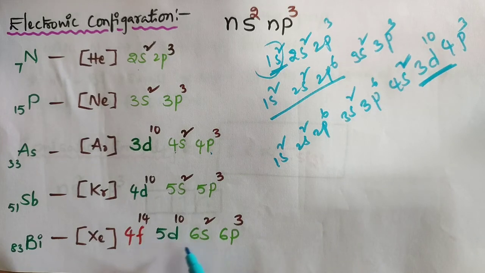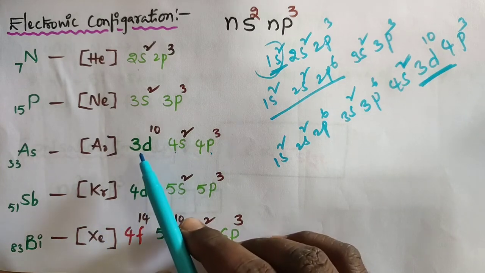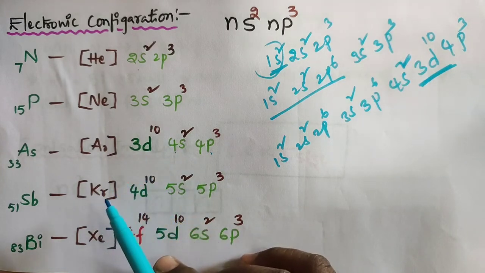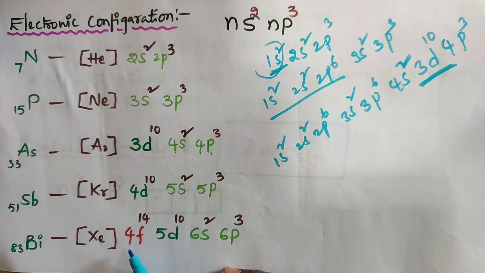In bismuth all orbitals are present: f orbital, d orbital, s orbital, p orbital. The d orbital starts from arsenic, and the f orbital starts from bismuth.